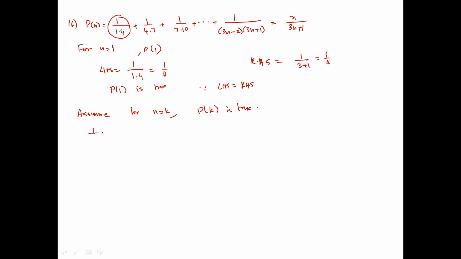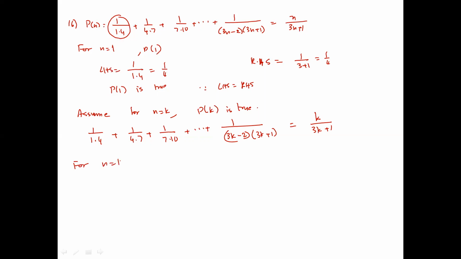Then I can take the left side: 1 by 1 into 4 plus 1 by 4 into 7 plus 1 by 7 into 10, and so on, 1 by, writing n as k, (3k minus 2) into (3k plus 1), equal to, right side also putting n as k, k by 3k plus 1.